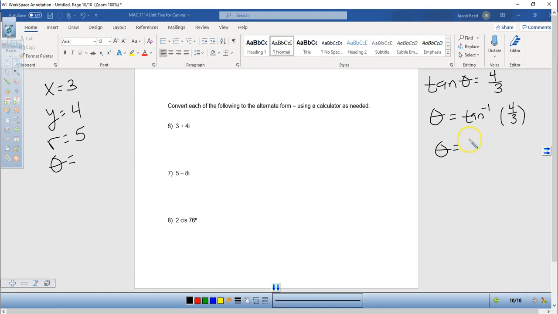Theta is going to be 53.13 degrees. So, writing out my answer, 5, that's my R, cosine I sine 53.13 degrees.